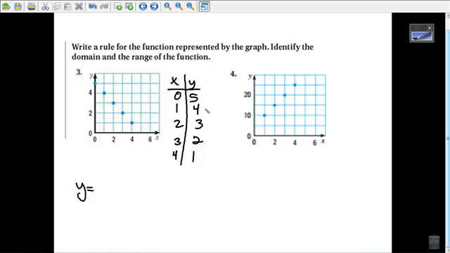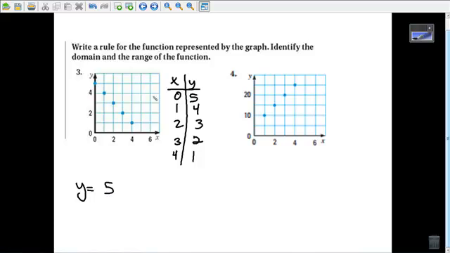So y equals something is done to x. So in this case, it looks like as the x's are increasing by 1, the y's are decreasing by 1. I can also see here that I start at 5. So I'm going to go ahead and start at 5.